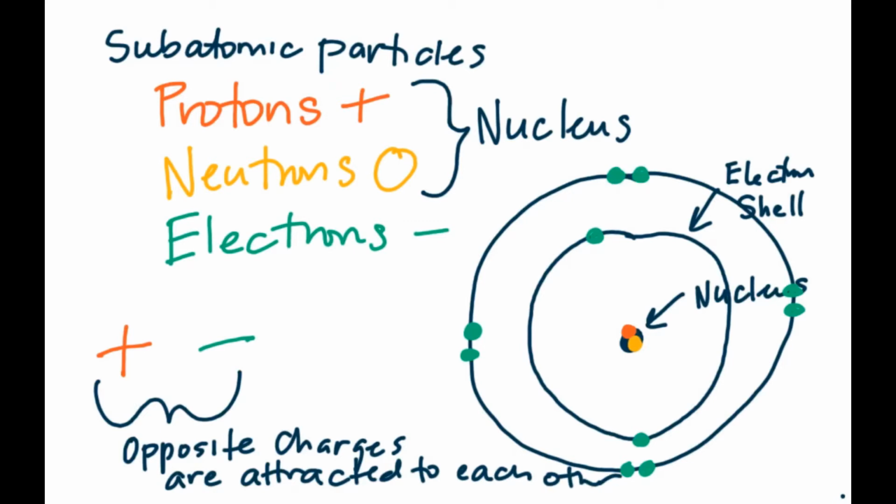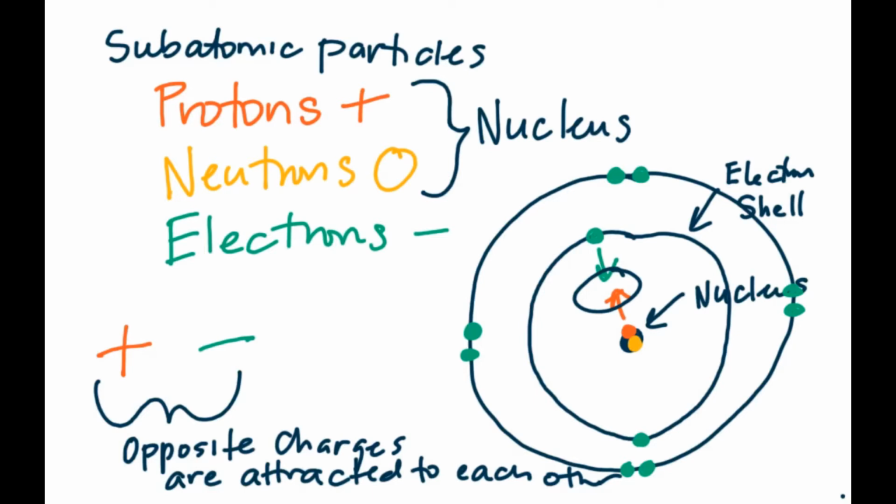So the reason why electrons can be in these outer shells, and I want you to know that these shells are not a physical structure. It is an energy level. This gets beyond the scope of this class, but they are out in that outer layer. And the reason why they don't just fly off into space is because they have this attraction. So the positive is going to be attracted to the negative of the electron. Okay, so we have this interaction between the two right here, which holds the electrons in this outer electron shell.